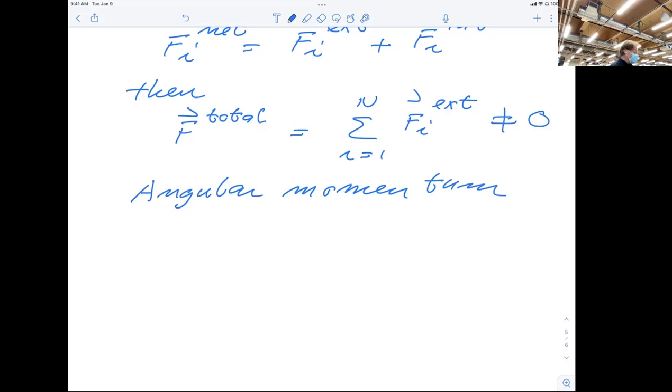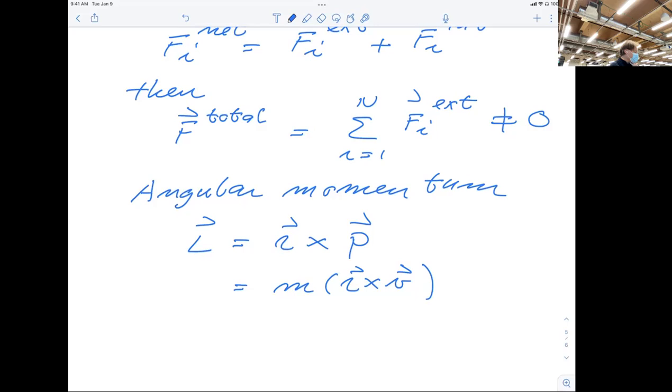So if we now repeat this exercise, there's a definition of angular momentum, we just call it L, and that is given by the cross product of position and momentum, and this is again given as m of r multiplied with v.